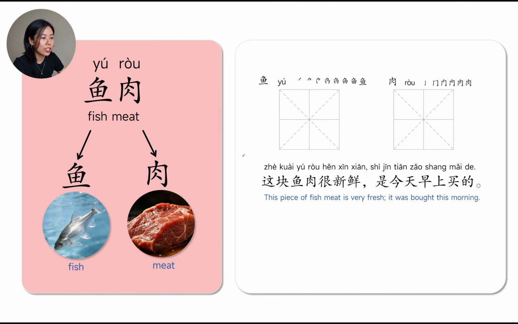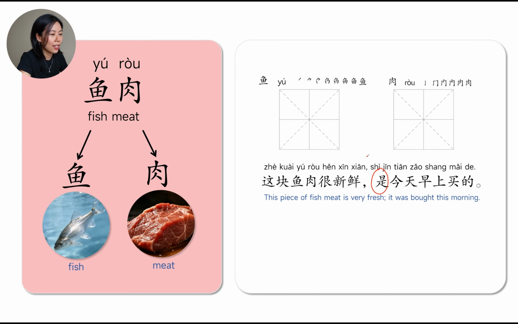Okay. 这 this, 块 piece, 这块 this piece. 鱼肉 fish meat, 很 very, 新鲜 fresh. 这块鱼肉很新鲜. This piece of fish meat is very fresh.